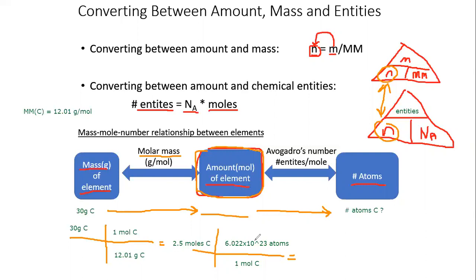Then you type in your exponent and close parentheses, and it'll give you the resulting number. So 1.506 times 10 to the 24th carbon atoms.